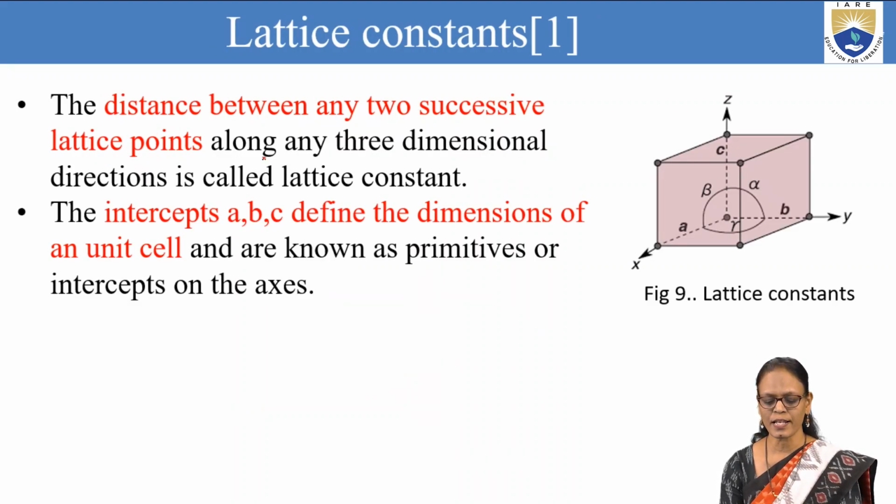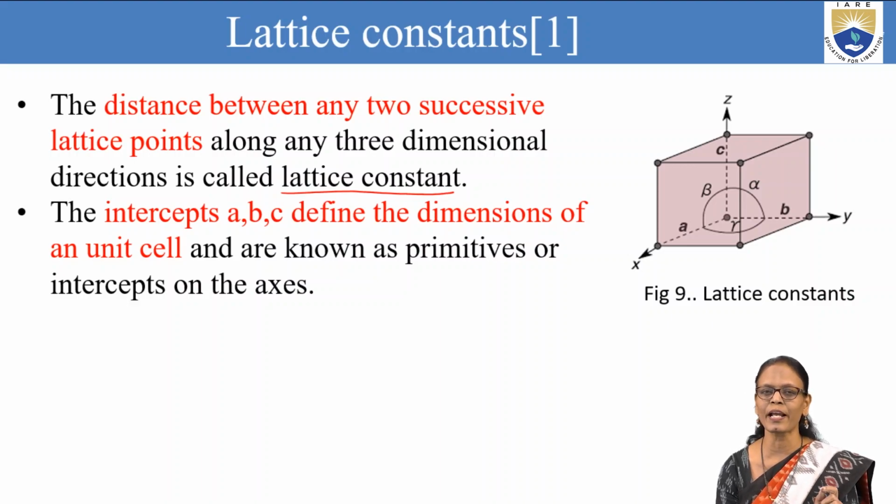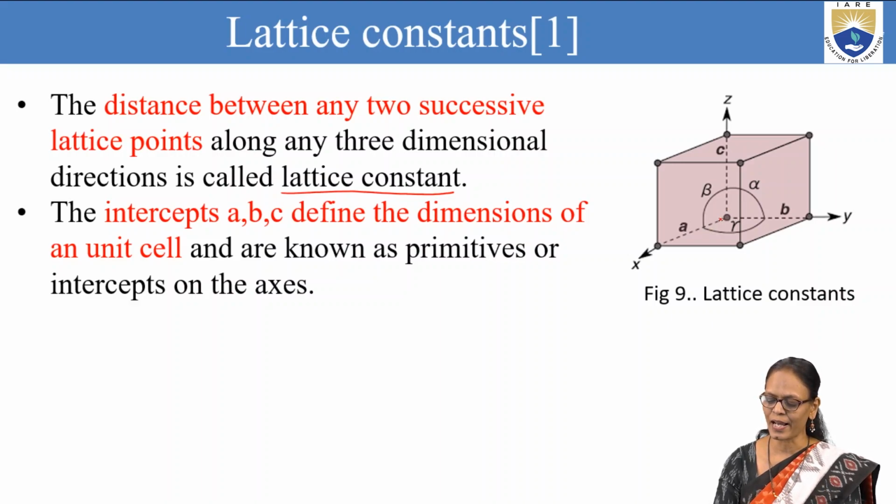Now, the distance between any two successive lattice points along any of the three directions is called the lattice constant. So what is a lattice constant here? It is the distance between any two successive lattice points. Now I will first consider the x-axis, or the x direction.